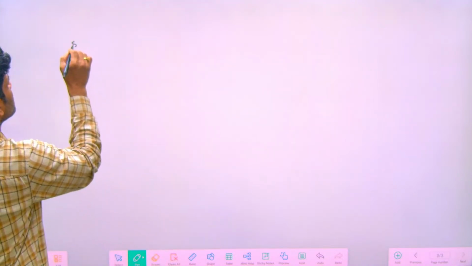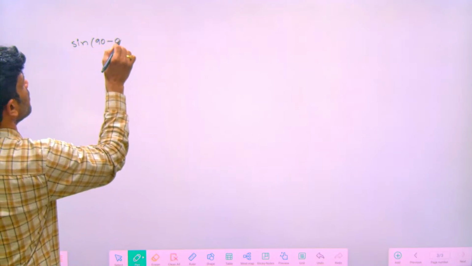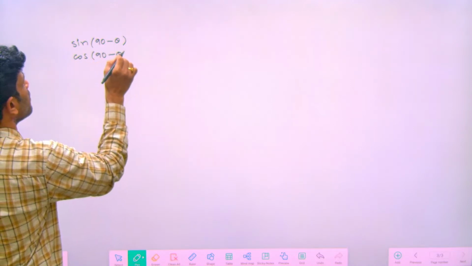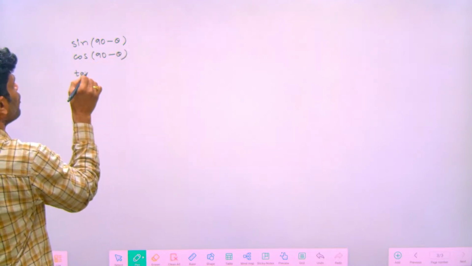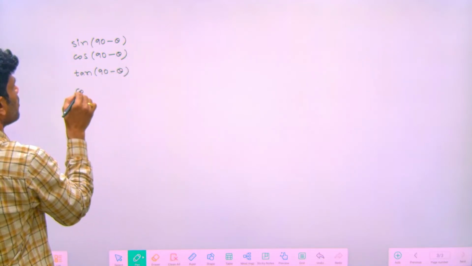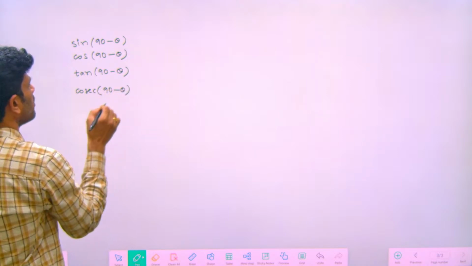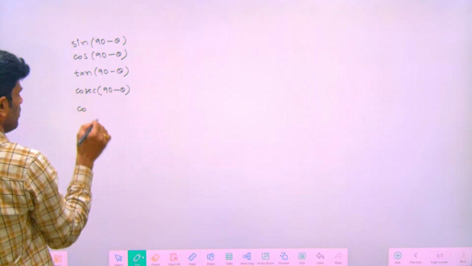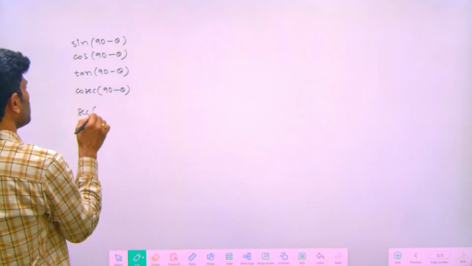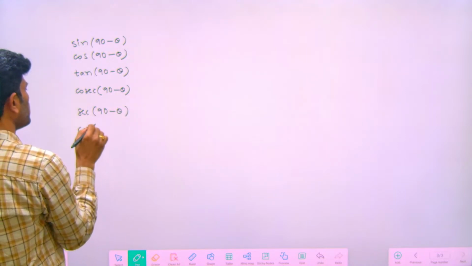I am writing first sin of 90 minus theta, cos of 90 minus theta, tan of 90 minus theta, cosecant of 90 minus theta, secant of 90 minus theta, cot of 90 minus theta.